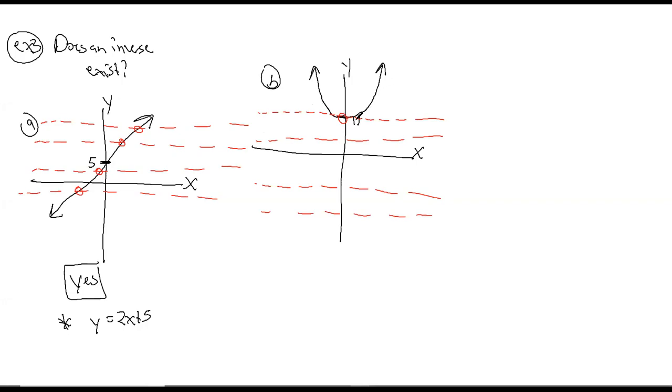Well, no, because you have to be able to draw that anywhere. And if you draw it any higher, once, twice, boom, that fails the horizontal line test. So, wrong color. No, there is no inverse function for this. And guess what that's the equation of?